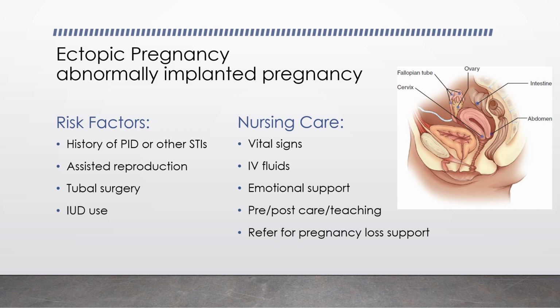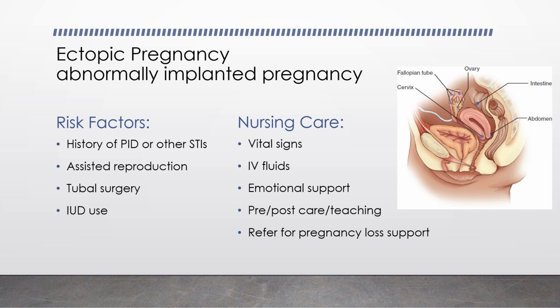Now, as I mentioned, a lot of times these ectopic pregnancies are in the fallopian tubes. Sometimes the whole fallopian tube has to be removed. And that can really affect a woman's fertility because she only has one fallopian tube left.